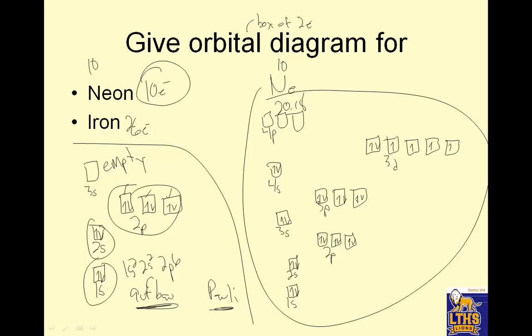Now for iron, starting from the bottom here: 1s2, check. 2s2, check. 2p, 1, 2, 3, 4, 5, 6, check. 3s2. 3p, 2, 4, 6. 4s2 and 3d6. And then this would have 1, 2, 3, 4 single electrons.